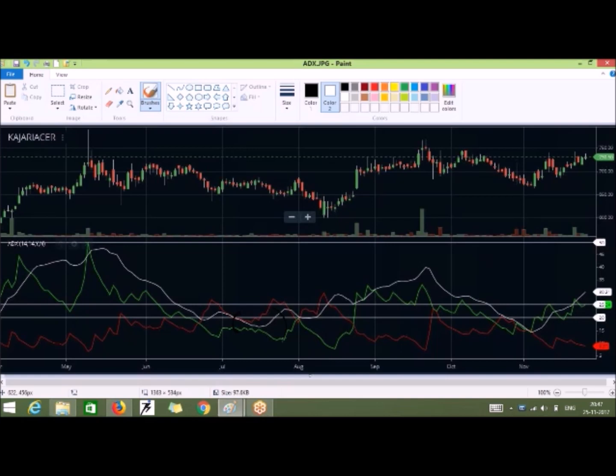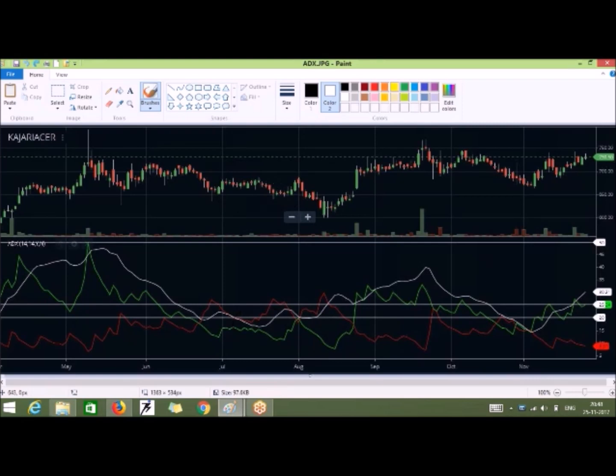What it suggests is ADX below 20 indicates absence of trend. Here also, in this range, it was definitely a range bound market. There was no movement, so it is going by the ADX strategy.